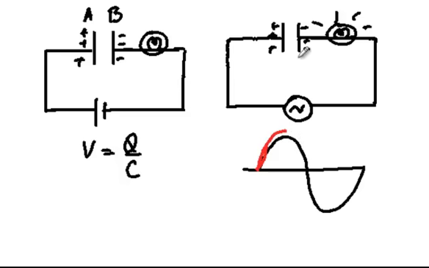When the voltage across the plates of the capacitor decreases, the charge on the plates will also decrease. Then when the voltage increases in the opposite direction, the capacitor gets charged in the reverse direction, which means that this will become positive and this will be negative.